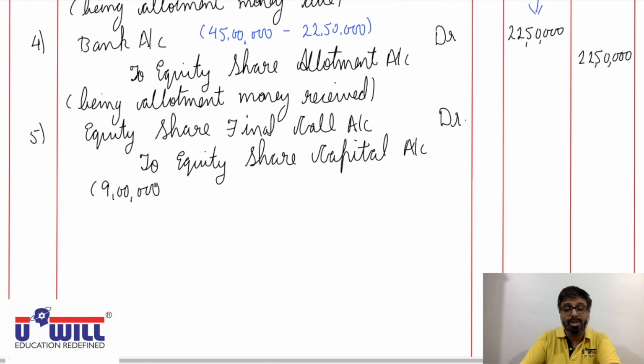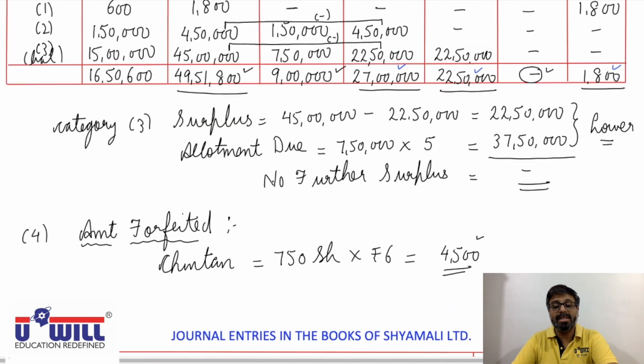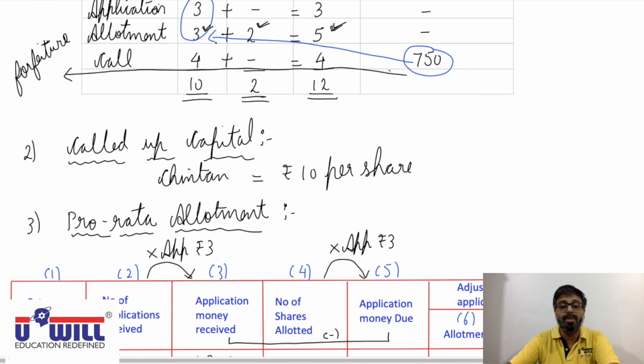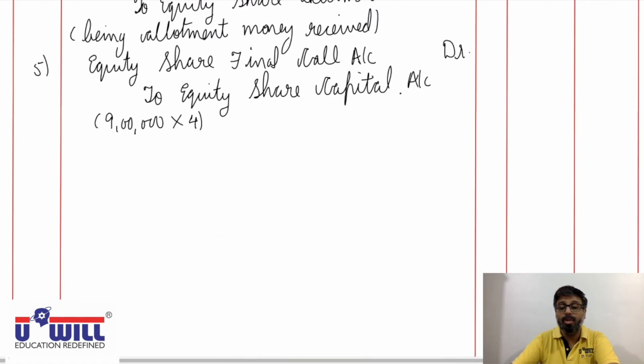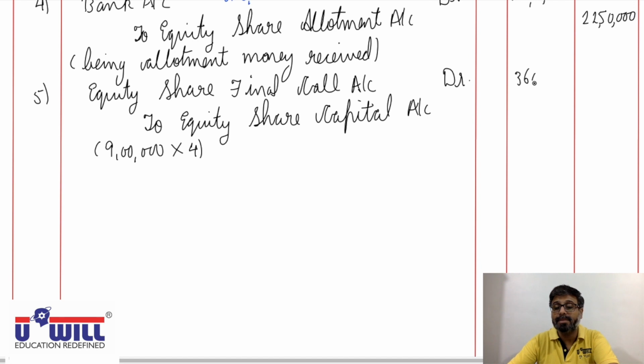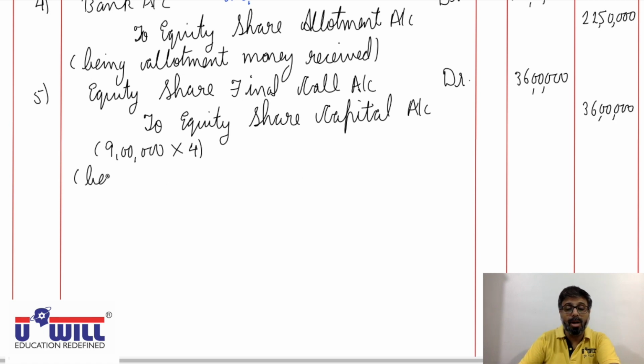How much is final call money? In the first workings, it is 4 rupees. So 9 lakhs into 4, final call money due will be 36 lakhs. Being final call money due.